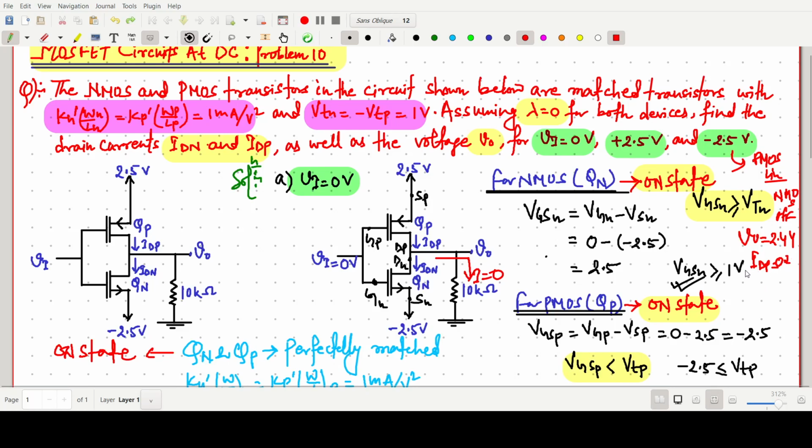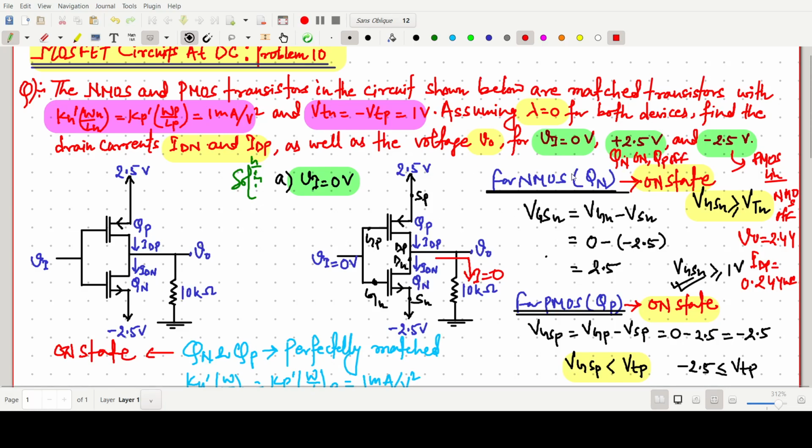I'm writing here IDp 0.244 milliamperes. So it is very simple for this one. In this case NMOS, that is our QN, is on, QP off, QN in the linear region.